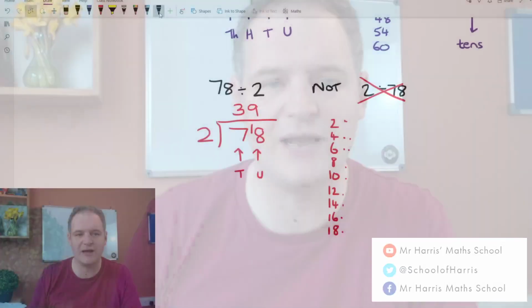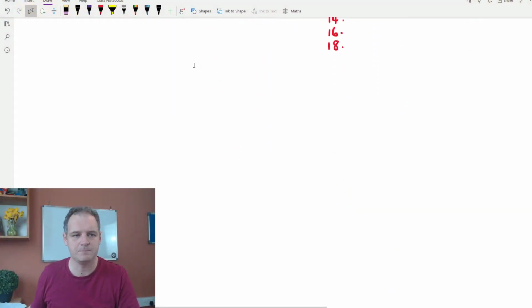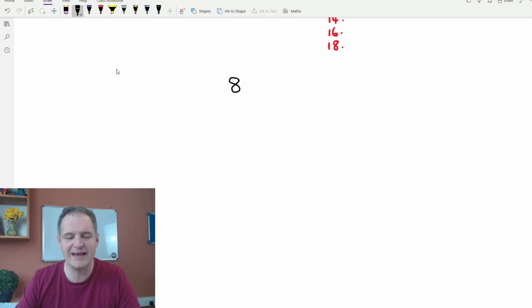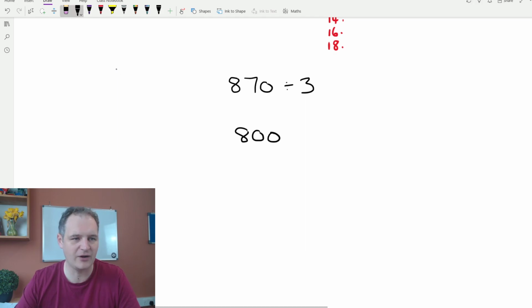Let me show you what that looks like here. That was me doing out loud how we might do 870 divided by 3. I got my 870 in my bus stop. Not because it's the bigger number, but because it's the first number.